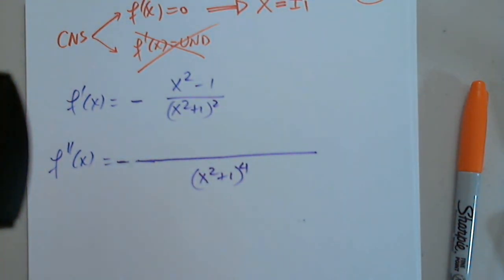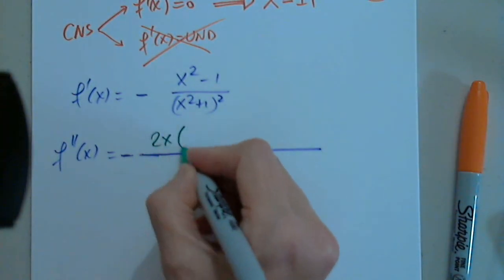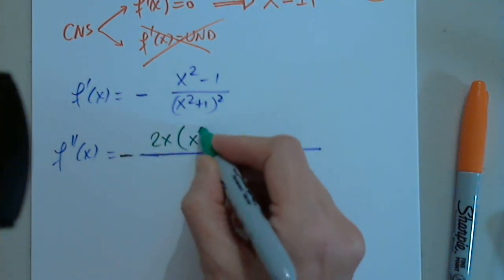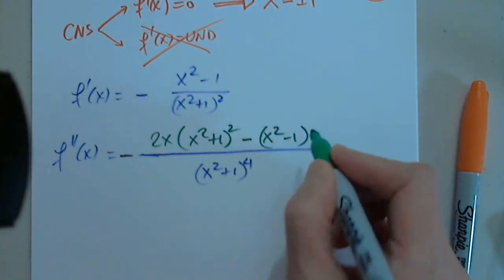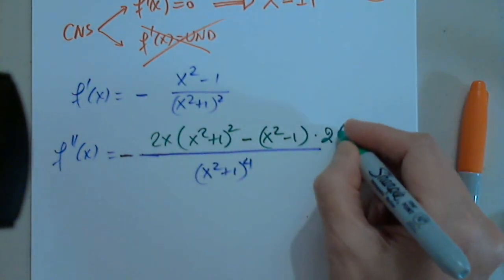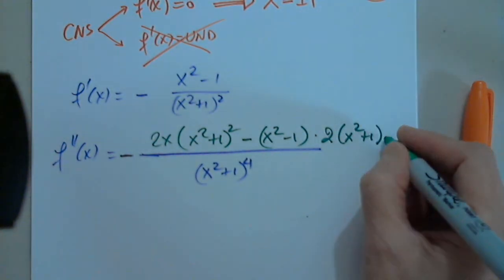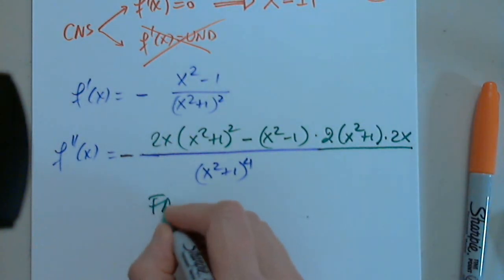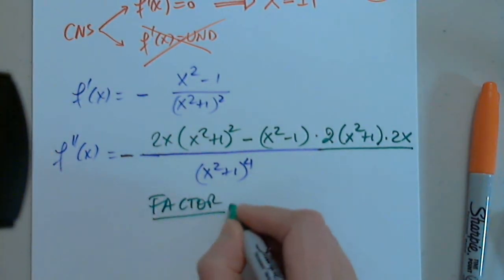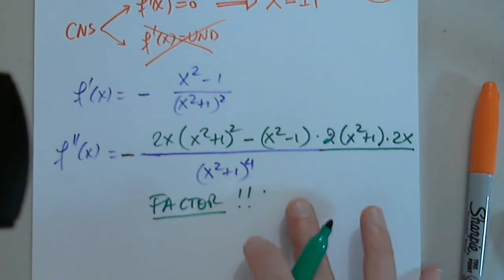Okay. The top prime, 2x. Copy the denominator. Minus. Now the denominator prime, 2 times x squared plus 1 to the 2 minus 1 times the inner function, which is 2x. If you don't want to factor here, it's going to take you 20 minutes to simplify this.